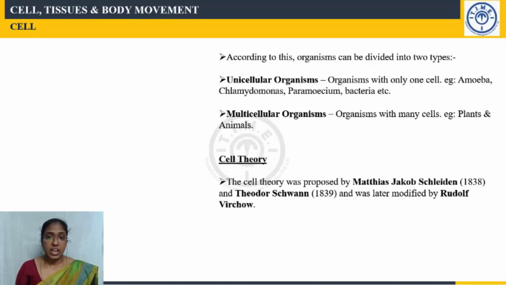Cell theory was put forward by Schleiden and Schwann, and it was modified by another scientist, Rudolf Virchow. Keep the names of these scientists in your mind.